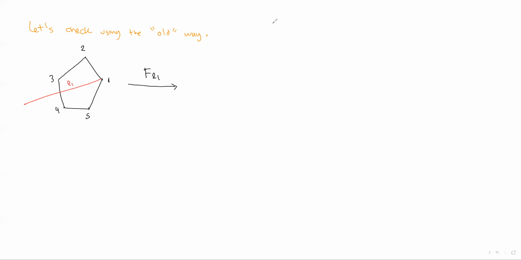Now, let's check using the old way. The old way is easier, for sure. So first we do f of L1. This is L1. Then I do R 2 pi over 5.